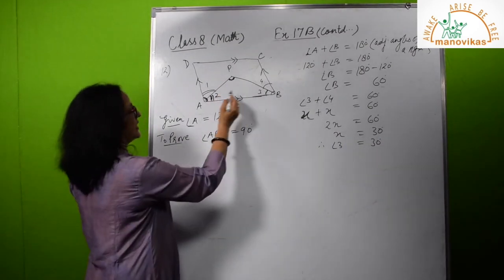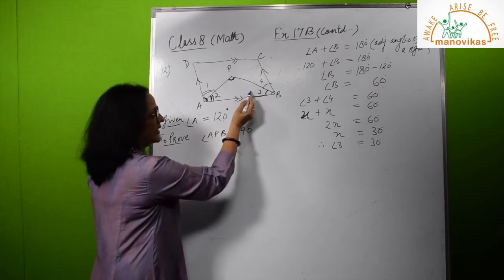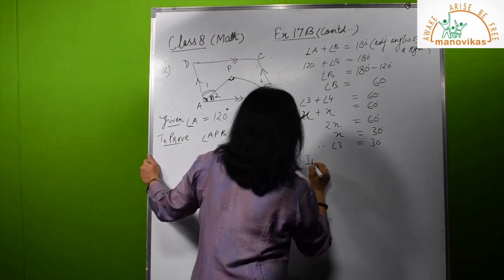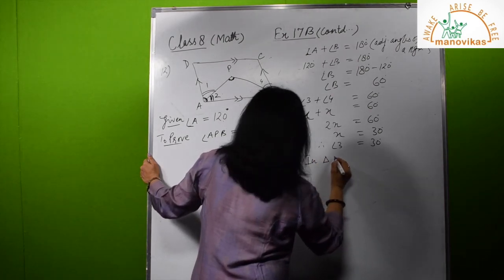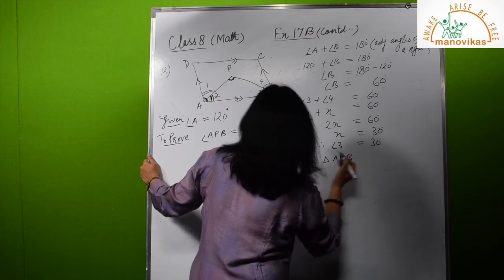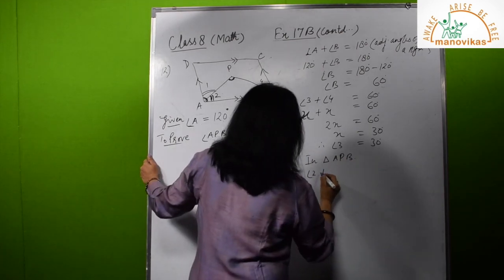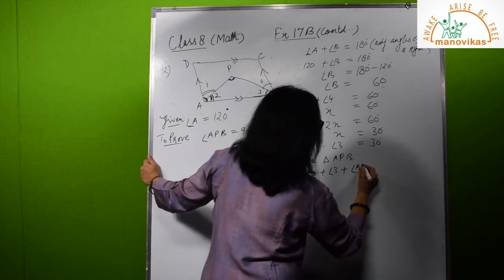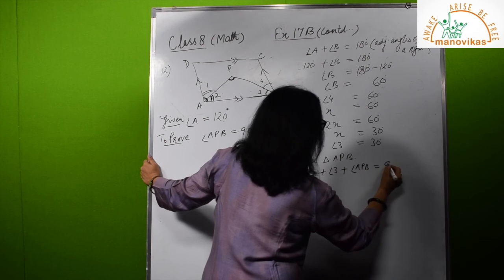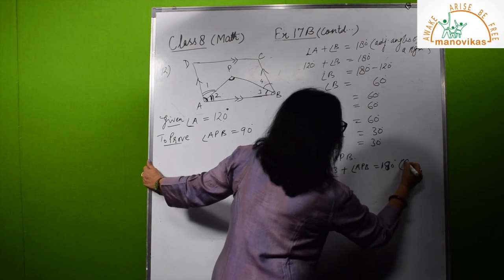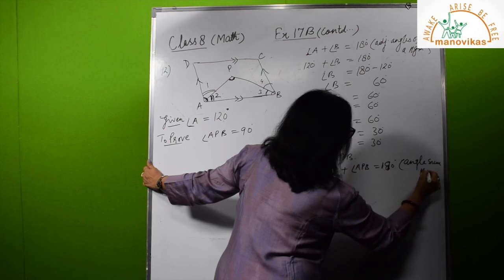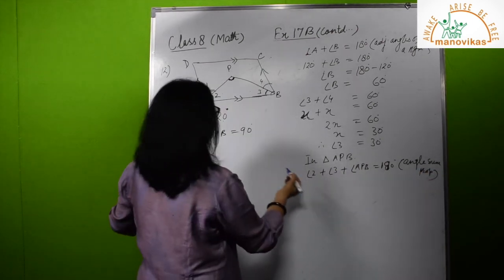Now you can see in this triangle we have found two angles, angle 2 and angle 3. So we can use angle sum property. Before that you should mention the triangle. So in triangle APB, angle 2 plus angle 3 plus required angle APB is equal to 180 degree. Angle sum property. Write the reason. Now substitute the value.